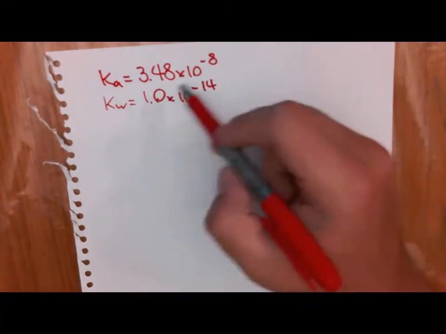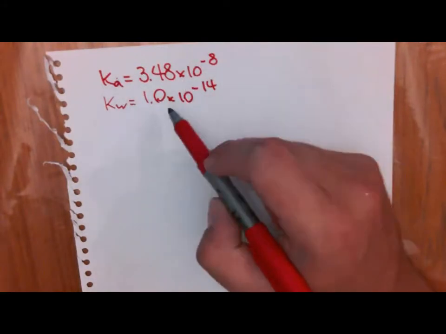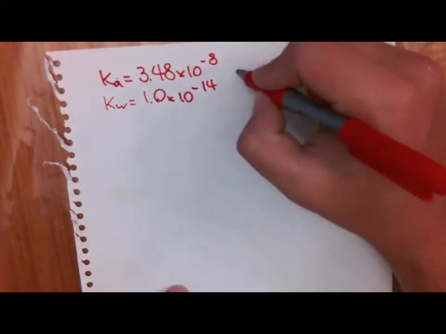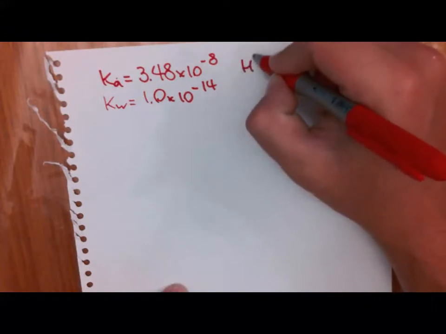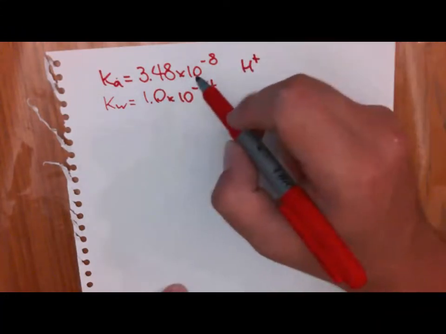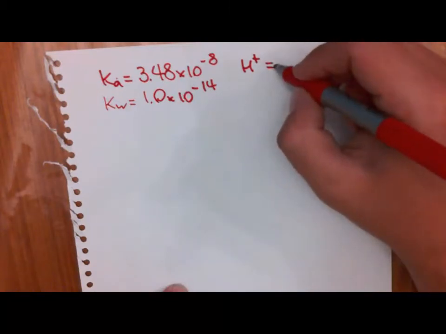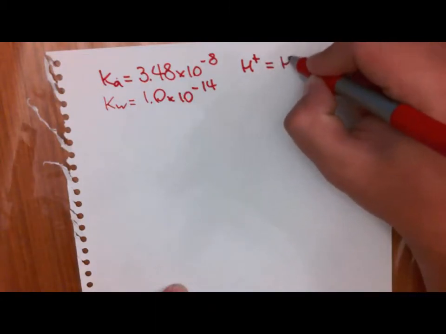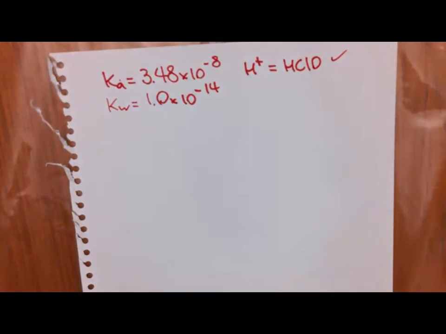So we can see that our Ka, first off, is much larger than our Kw. So we know that most of our H plus ions came from our HClO. So that's our first assumption that we were able to check.